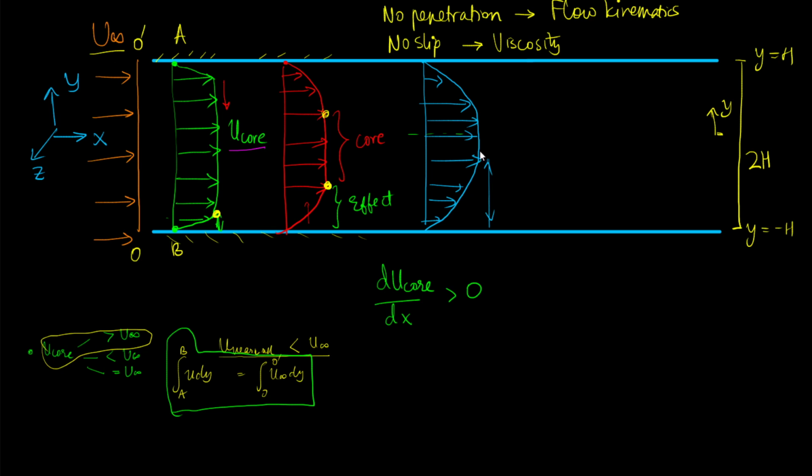So if I draw the locus over here, it will be this point. After this point, there is a core. That is, the fluid has not felt the effect of the wall. Then lastly, there will be a point where the effects of viscosity would have propagated throughout the distance h. So lastly, you would get a profile like this, where the core is reduced. These 2 points are shrinking and they reach this singular point. So if we draw all the points where the velocity is the core velocity, we would obtain something like this.